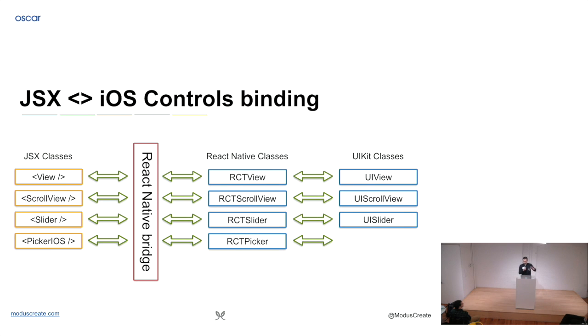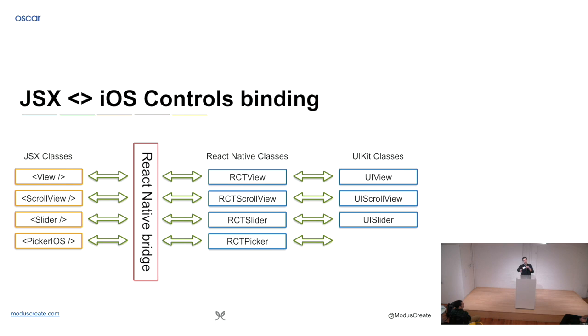Then what we have is the JSX classes. Remember I said when you make any sort of call, they go through the bridge and get translated to the native layer. And then the native layer maps the JSX class to the React Native class. And then that gets mapped to the UIKit class. So view, RCT view, UI view; scroll view, scroll view.